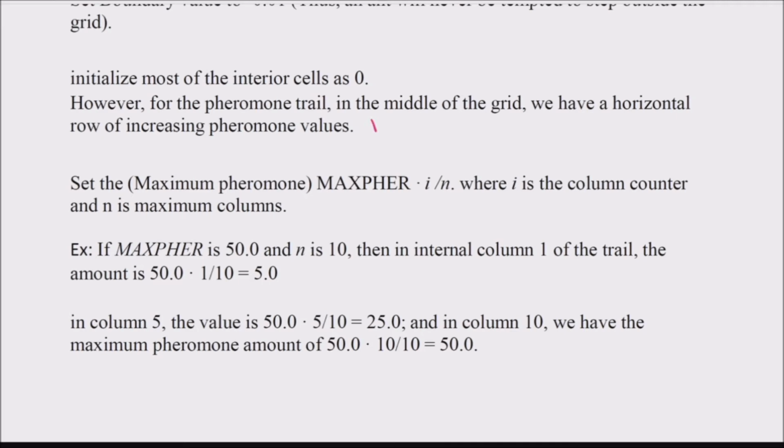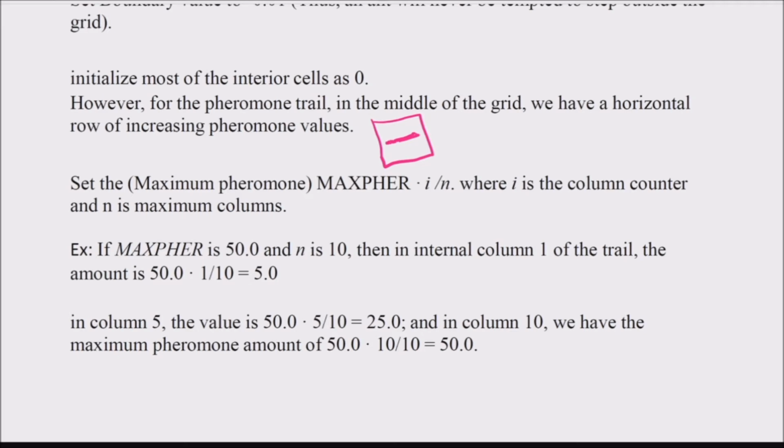If I draw the square, this is my grid, and we will have a horizontal line here, which we consider as pheromone. The value of pheromone on this line is very strong, so it has an increasing pheromone value. It will start from a little and go a little bit higher on this side, so we'll have an increasing amount on that.